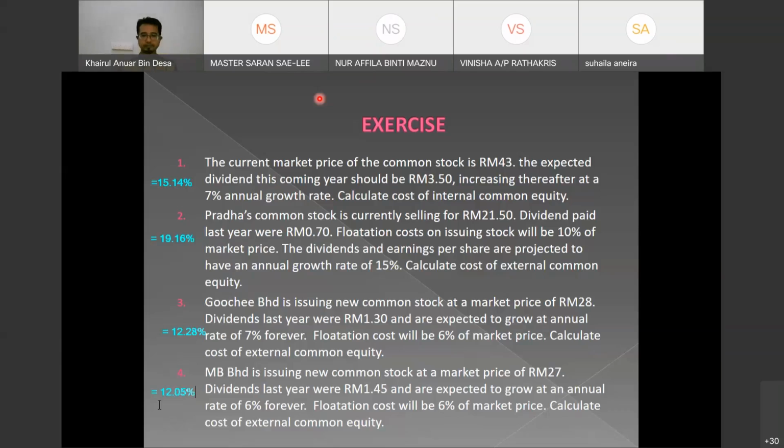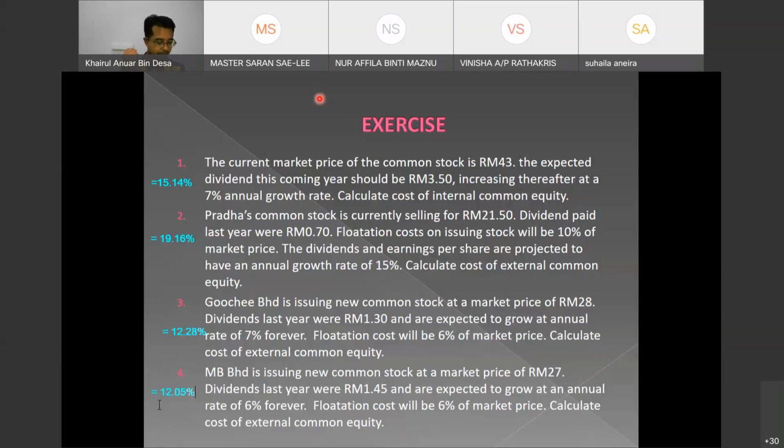All right. Any question? Ada soalan? Uh, 6% out of the market price, the flotation cost.